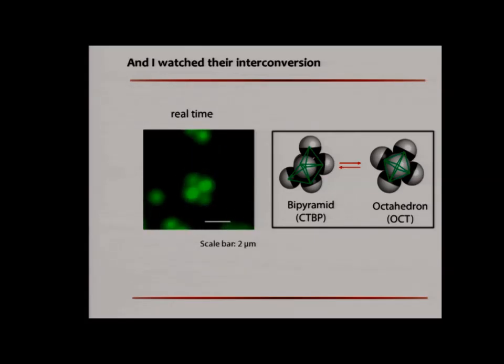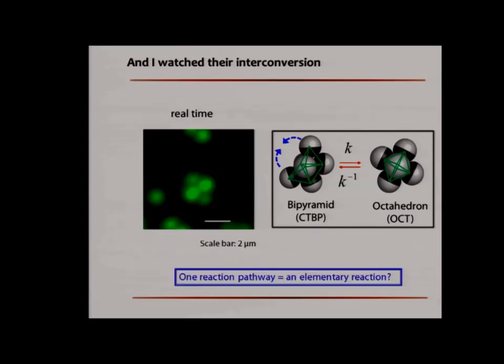So that's how we can really tell the reaction pathway one particle at a time without averaging. And I can only see this one single reaction pathway for all the isomerization reactions in the system. To me, this means this might be just a simple elementary reaction without fancy intermediates.